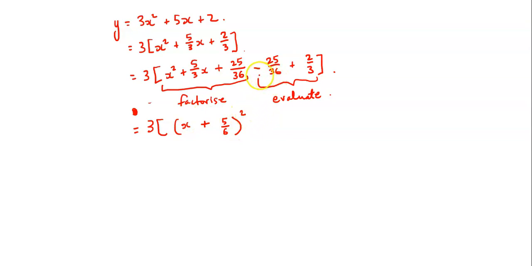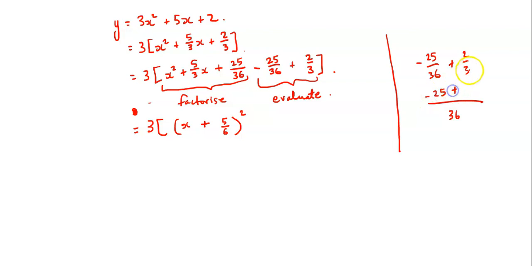And if you evaluate the last 2 terms, minus 25 over 36 plus 2 over 3, you can work it out here. Find the LCM, which is 36. 36 into 36 is 1, by minus 25 is minus 25, plus 3 into 36 is 12, 12 twos are 24.